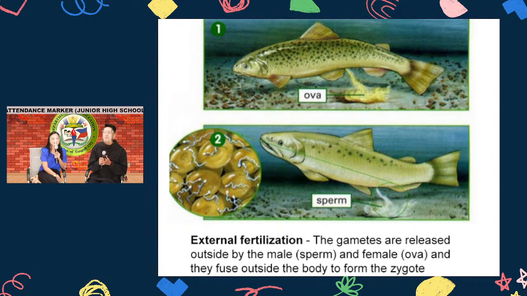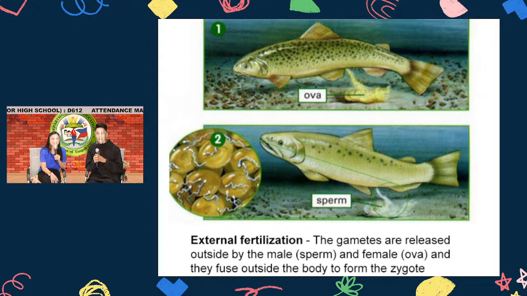Many aquatic animals simply release their eggs and sperm into the water, which becomes the medium where the sperm swims to unite with an egg. So the fertilization again happens in the external environment, and this is common in fish.